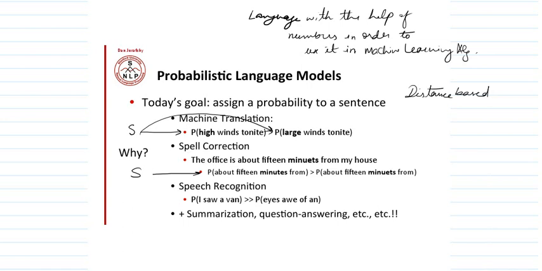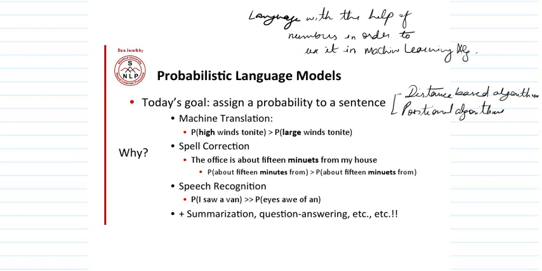We could do it that way also, but those are older algorithms, and they are distance based or positional algorithms. They are not that efficient when compared with probabilistic algorithms. Probabilistic algorithms are more powerful and efficient than simple distance-based or positional algorithms.